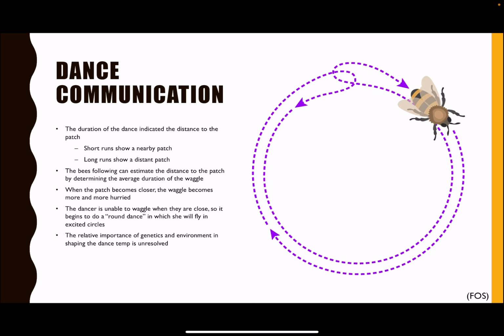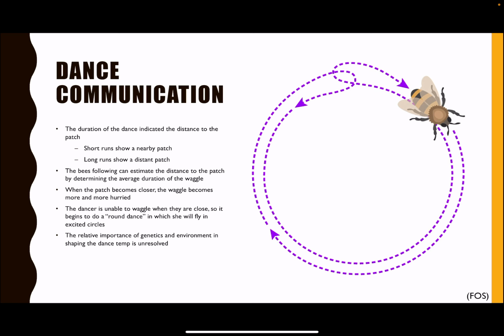So if it's a really long waggle and then another really long one and another, they're just assuming that they're on for a long journey. But as you get closer to the patch, the waggle becomes extremely hurried, a lot faster than it was initially.